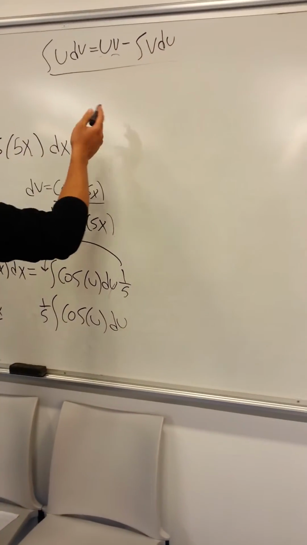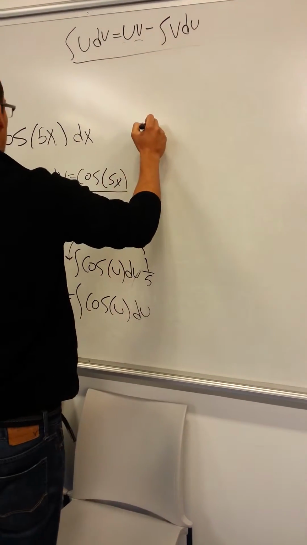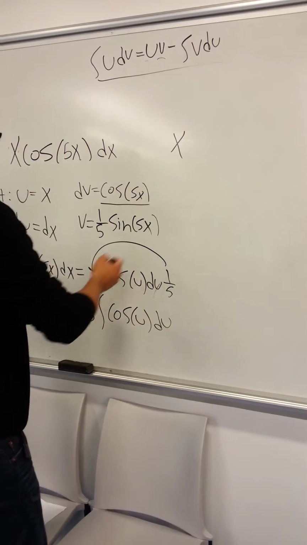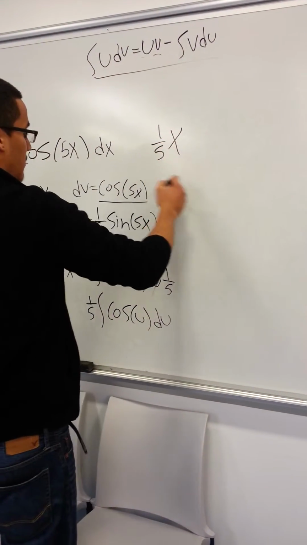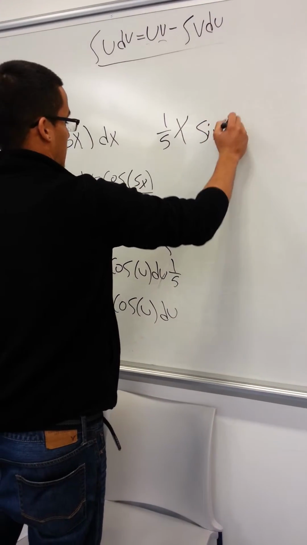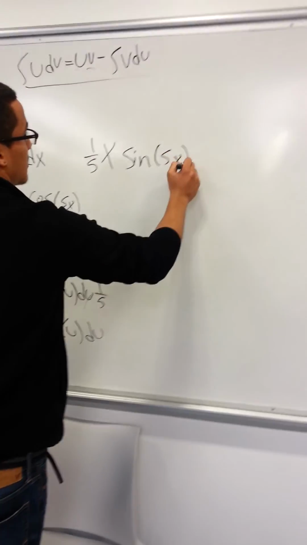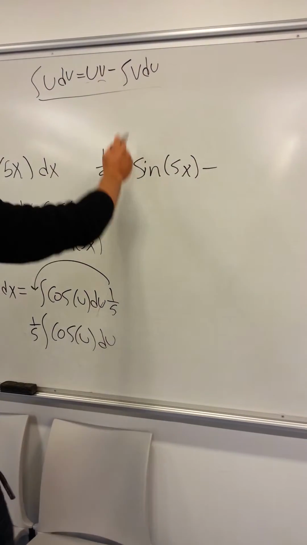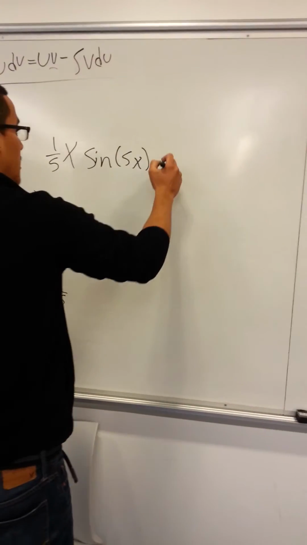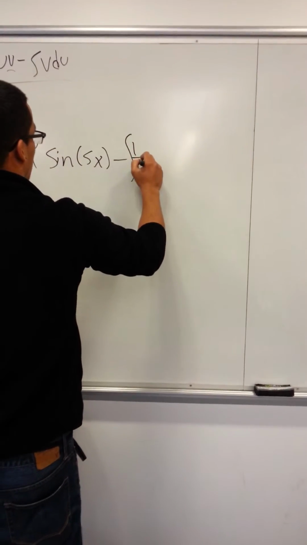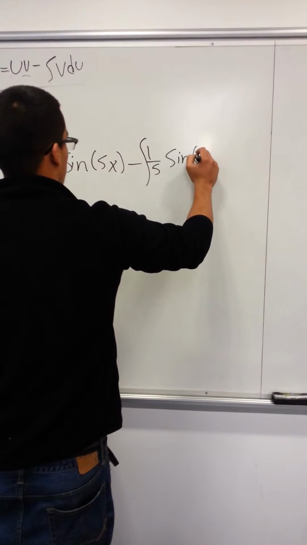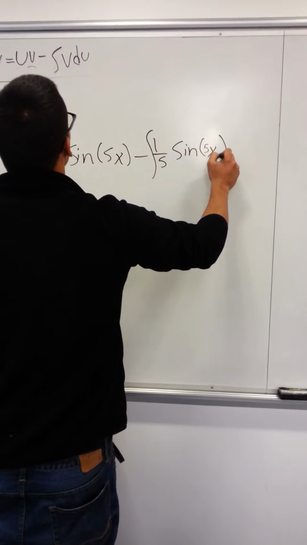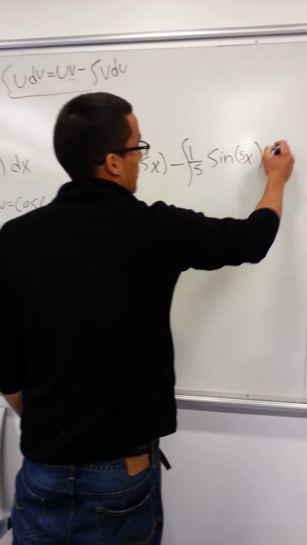So basically u times v, where u is equal to x, and v is what we just solved for, 1 over 5 sine of 5x. I'm going to subtract the integral of v, which is 1 over 5 sine of 5x, and then du, which is equal to dx.